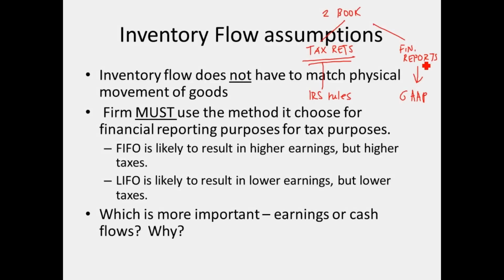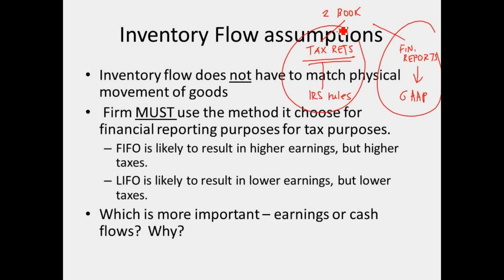So in all other cases, when I ask why you think the company chose this method or that, if you say, oh, to minimize their taxes, I'll usually say, no, that's wrong. But in the case of inventory, taxes are a relevant determination. You choose your inventory method and know that whatever you choose for your financial purposes is going to affect your real taxes.